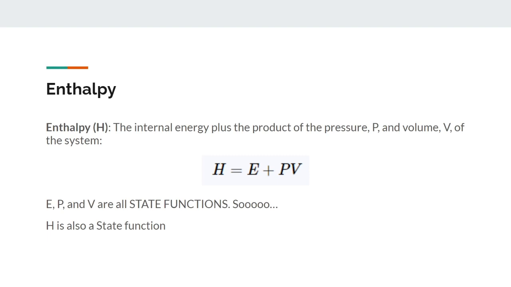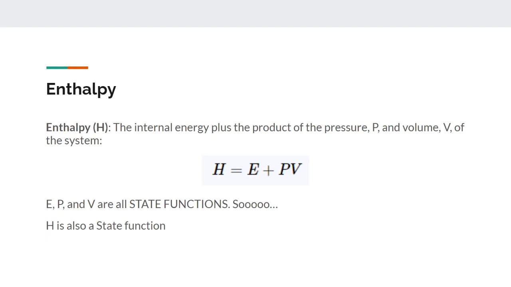So these physical and chemical changes result in the release or the absorption of heat and can be accompanied by work done by or on the system. When taking a look at these changes, it's useful to have a thermodynamic function that is a state function and relates to the flow of heat or energy. Under conditions of constant pressure or atmospheric pressure, a thermodynamic quantity, which we call enthalpy, provides such a function.